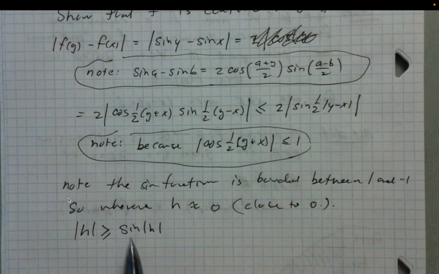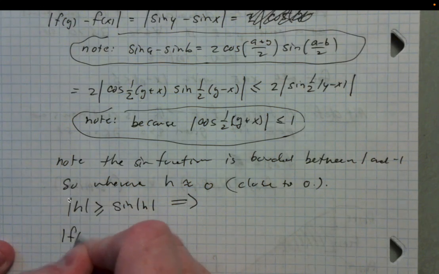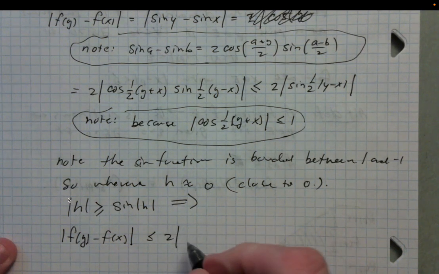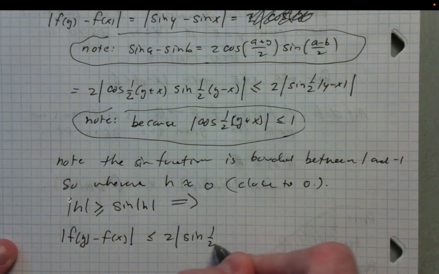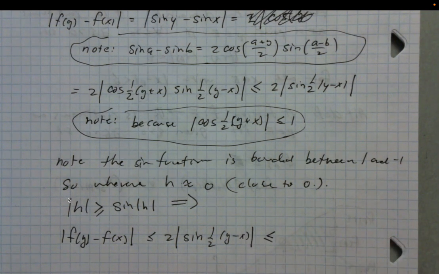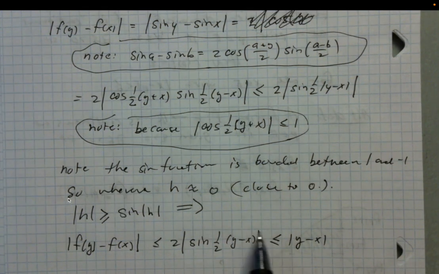Right? So this is true for really small angles. Whenever the angle is sufficiently small, then the absolute value of the angle is greater than or equal to the sine of that angle. And so this is basically what gets you to the finish line here. So we have the absolute value of f of y minus f of x is less than or equal to 2 times the sine of 1/2 of (y minus x). And that's got to be less than or equal to the absolute value of y minus x, assuming that it's a small angle.